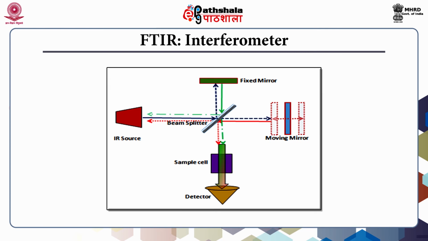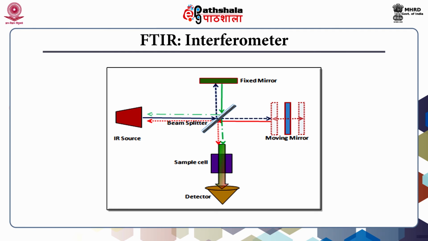50% of the initial radiation, which is transmitted by the beam splitter and falls on the moving mirror, is also reflected back to the splitter. At this point, the radiation will again split into two. One half, or 25% of the original radiation, is transmitted to the sample or detector.